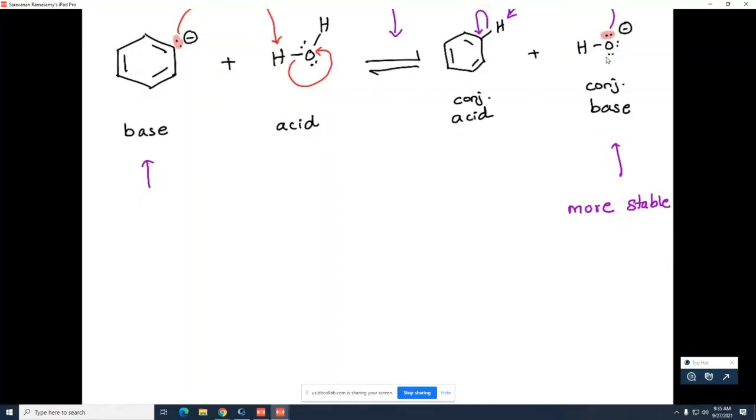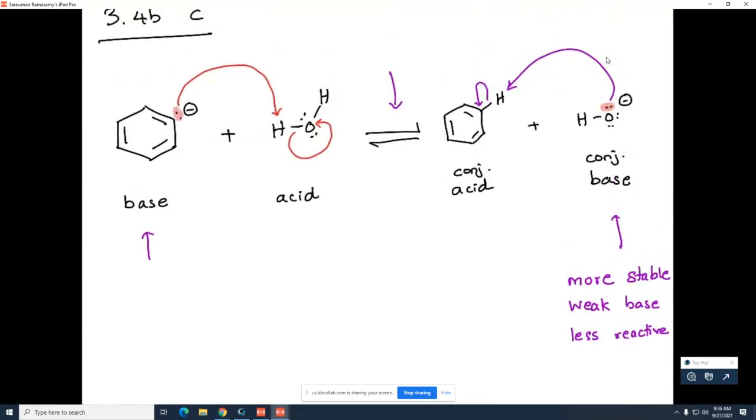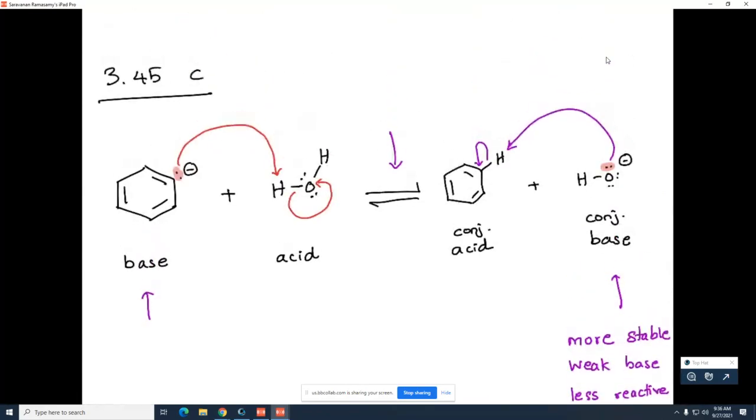More stable means weak base or less reactive. So the product side of the reaction is more stable. Let's fix this arrow like that.